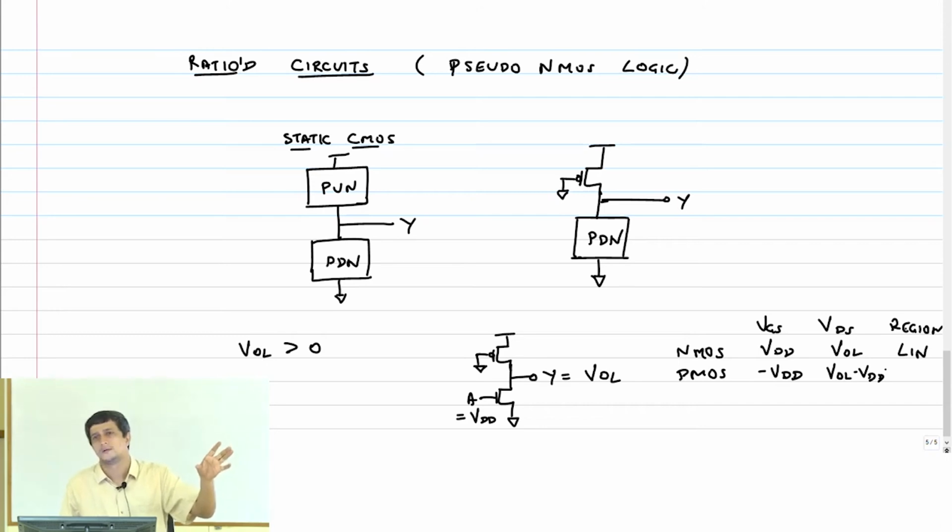That's a reasonably large number, about 0.3 volt. If VDD is 1 volt, this is about 0.3 volt, so that will be about 0.7 volt. VOL minus VDD is very close to VDD. Therefore, this has to be saturation or velocity saturation, depending on whether it is a short channel or long channel device. So, let's say it is in velocity saturation.